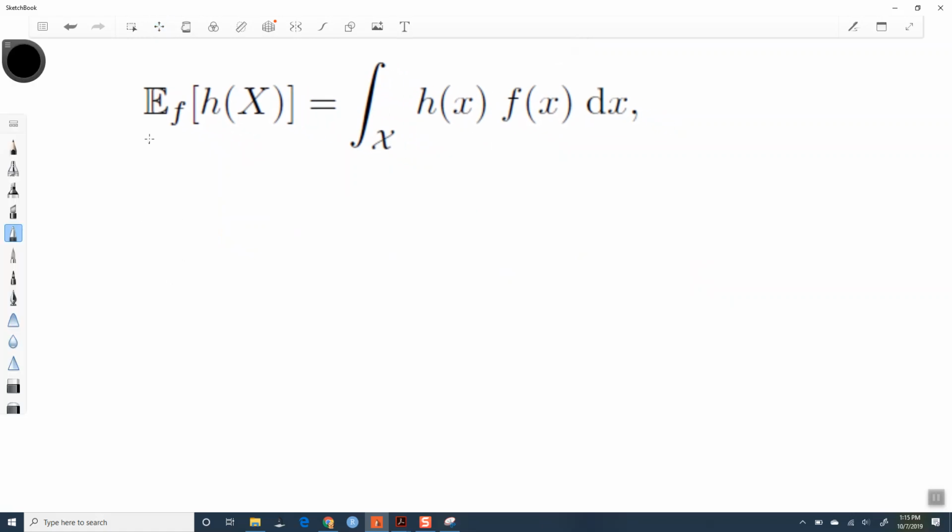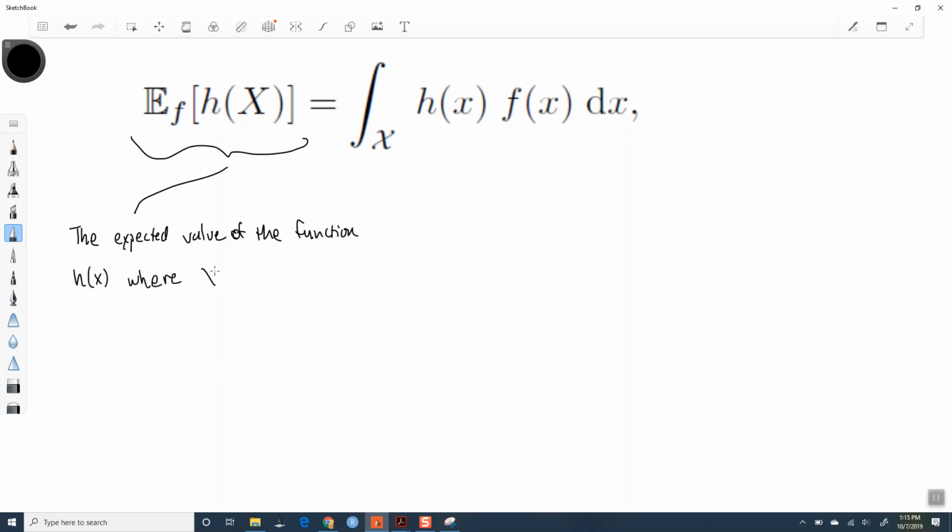Let me just write a few things. This part right here is interpreted as the expected value of the function h of x, where x is a random variable that has PDF equal to f of x.